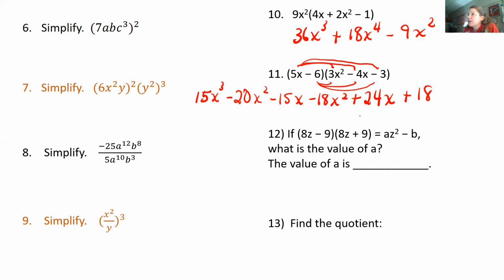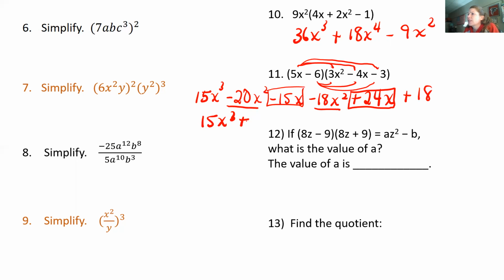So now we're going to combine all these like terms. So those are like each other. These are like each other. So our final answer is 15x cubed plus 4.